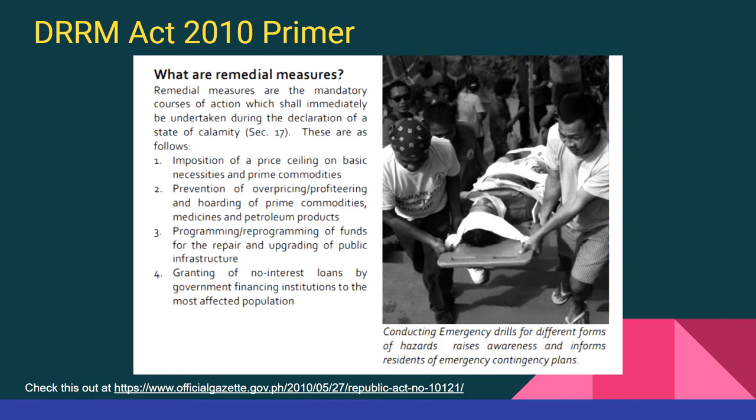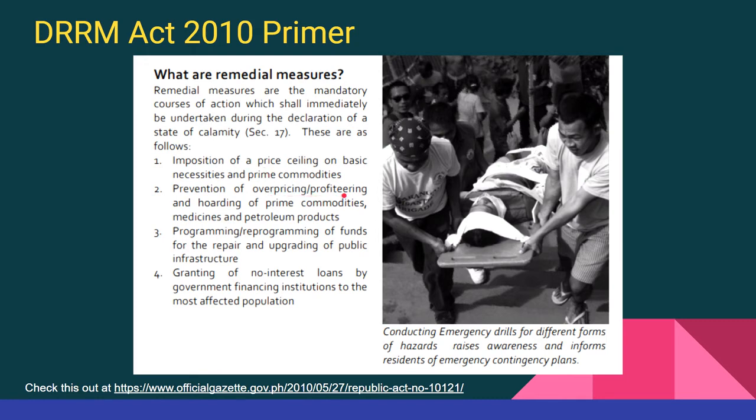So what are the remedial measures? These are the mandatory courses of action as soon as the state of calamity has been declared. That includes imposition of price ceiling, so that the sellers cannot take advantage of the calamity, so there's no drastic increase in the prices of basic food and basic necessities.